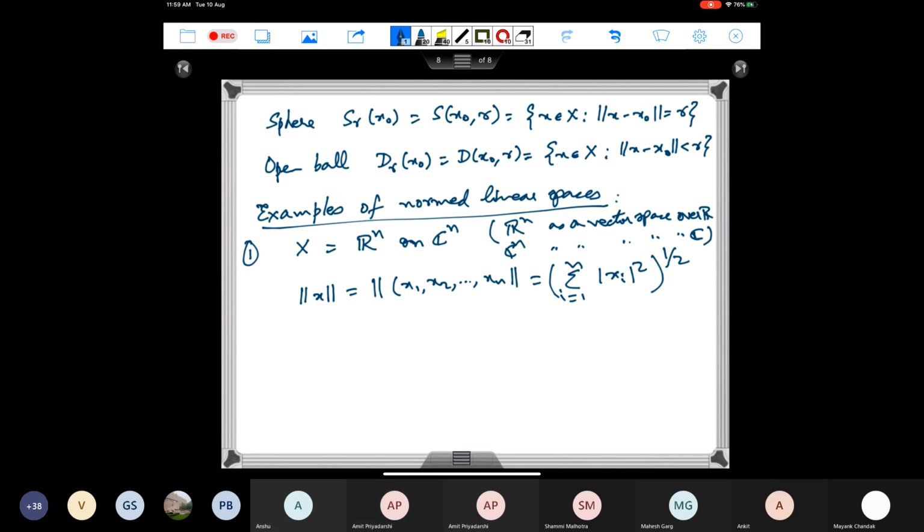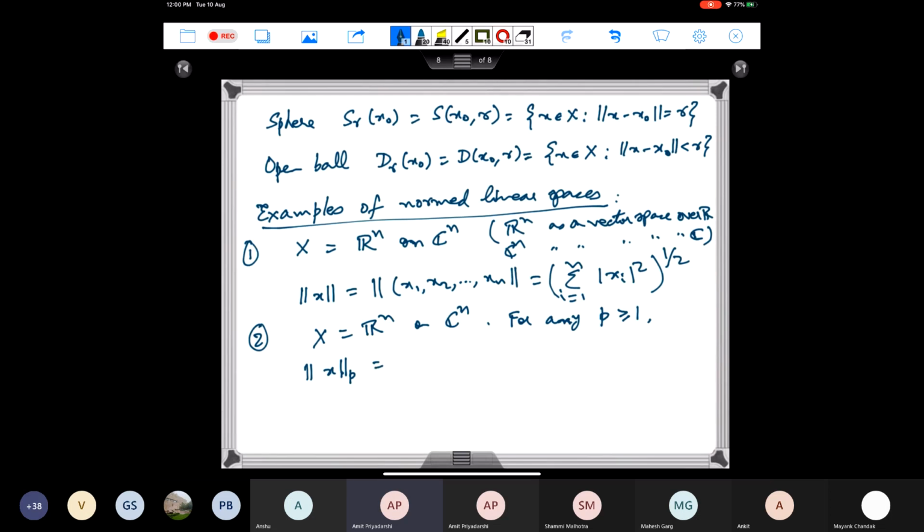So maybe I'll write again, x is R^n or C^n. For any p greater than or equal to 1, we can define the norm of x, I'll write p here.